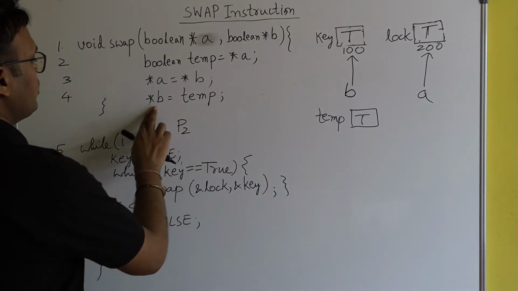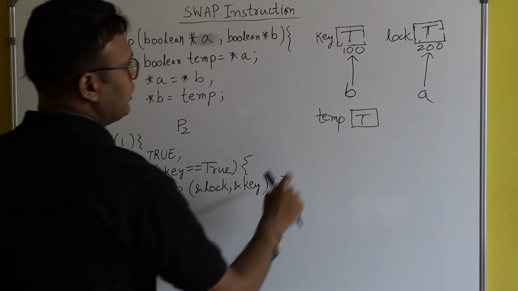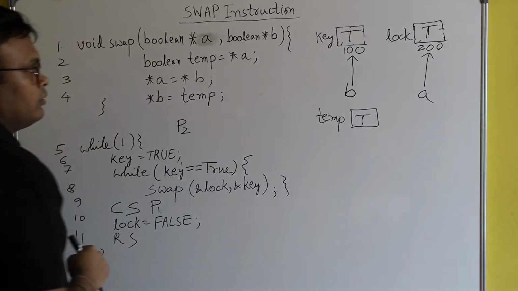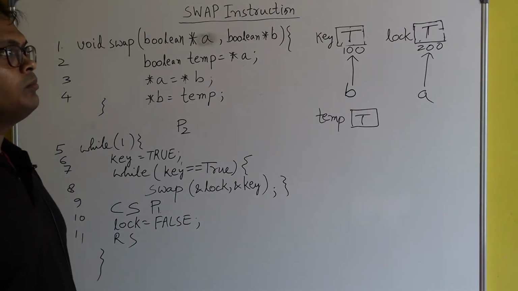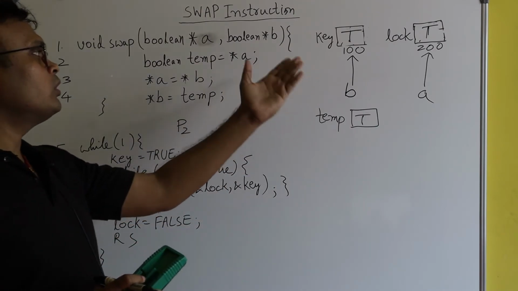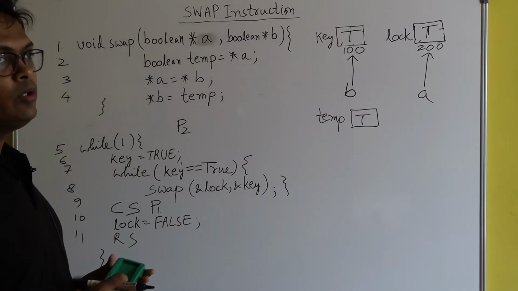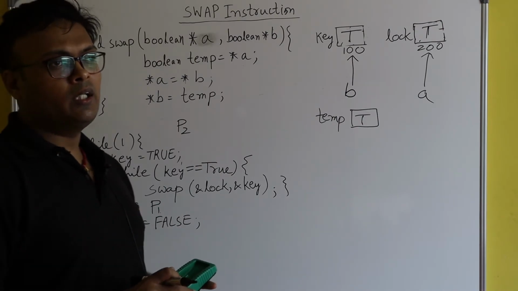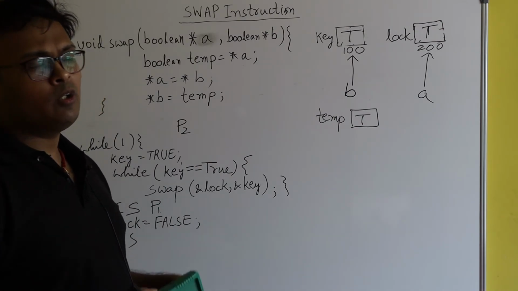Okay. And now star of B is equal to temp. Now star of B will contain temp. So it's already true there. Okay. So here you see nothing has happened. As both lock and key are already true, and if both are true, then what will you swap?